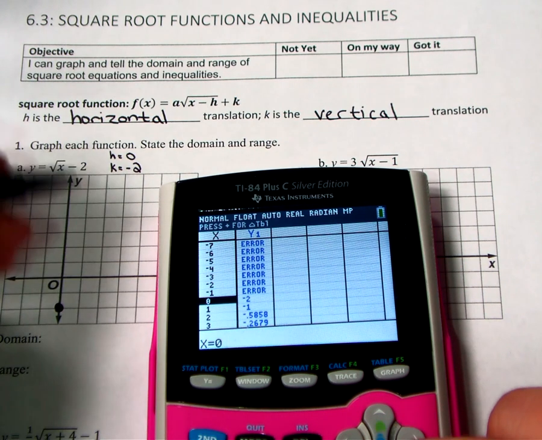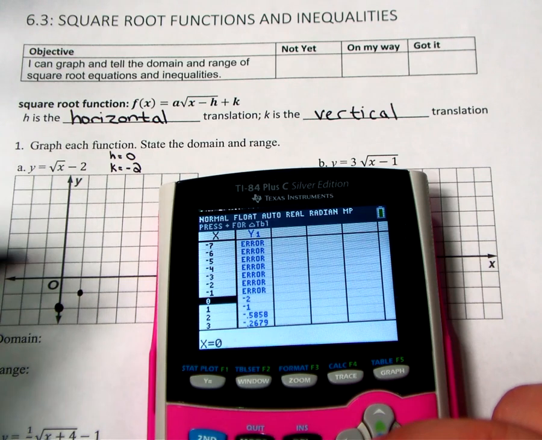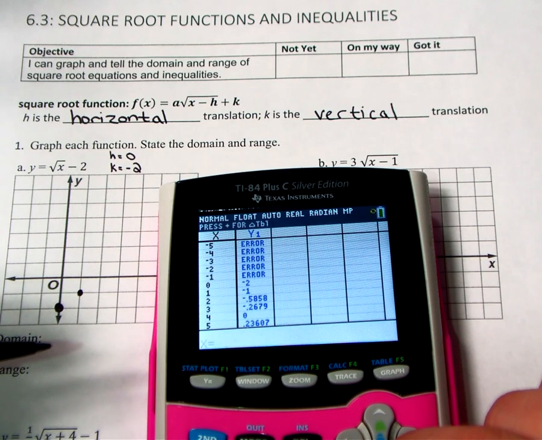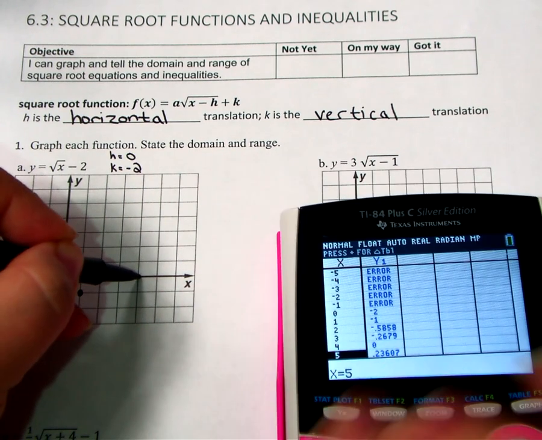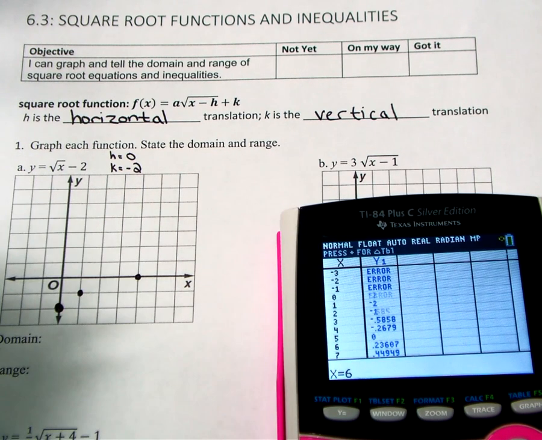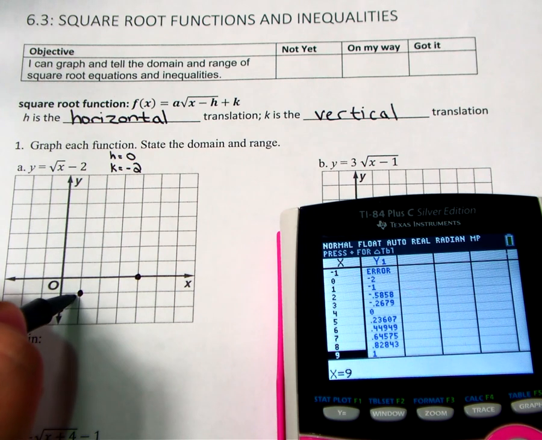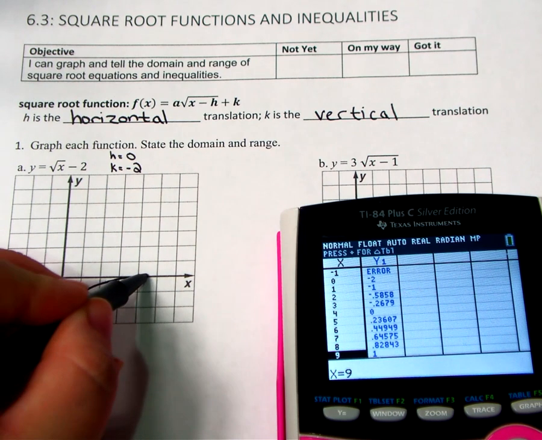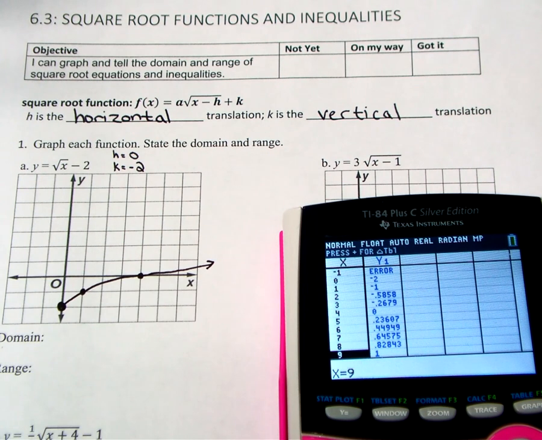Okay? So plot the rest of your points. I like to go for the nice easy ones personally. Just enough to give me a shape. Notice there's only an arrow on one end of this because there is a start point.